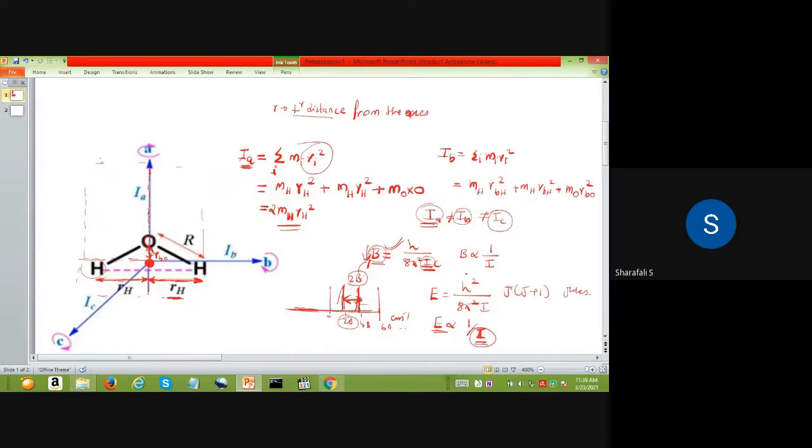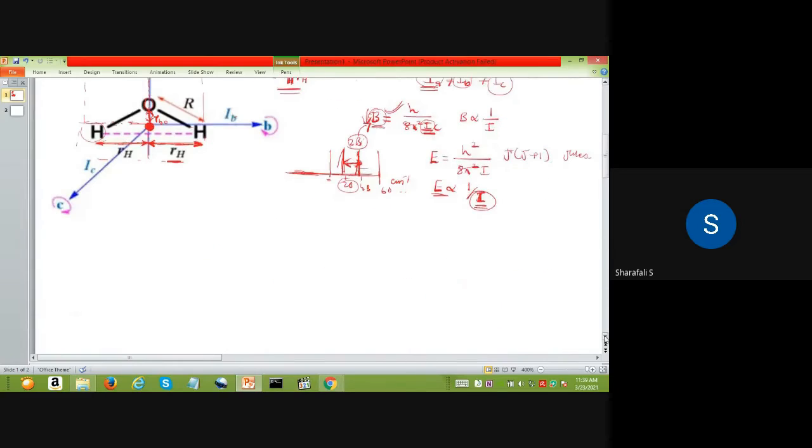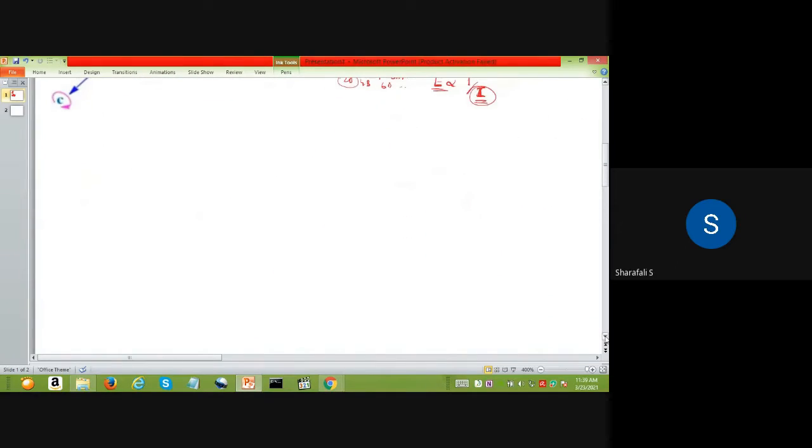Now we'll discuss how these molecules are classified on the basis of this moment of inertia. The first classification is the linear molecules.